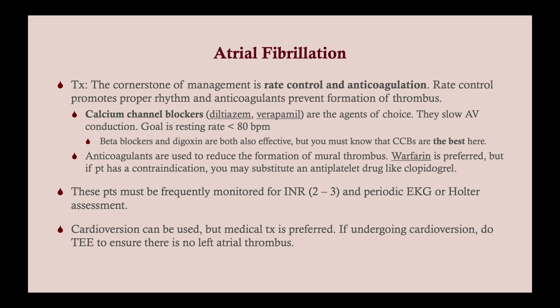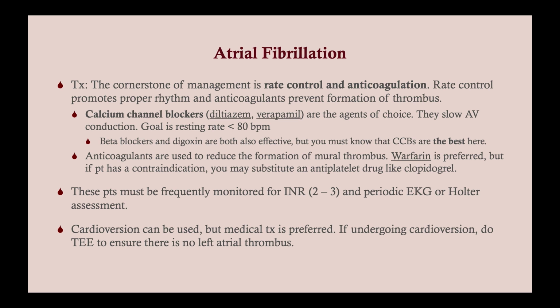Anticoagulants are used to reduce the formation of mural thrombus, which also then is going to consequentially reduce the risk of stroke. In this case, warfarin is preferred, but if the patient has contraindication for warfarin, you may substitute an antiplatelet drug like clopidogrel.